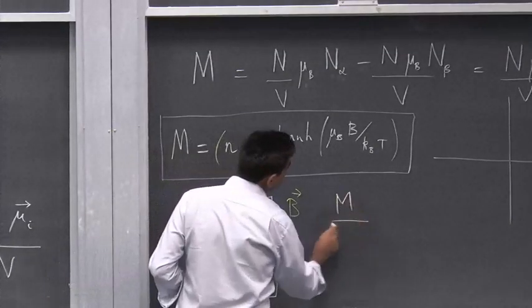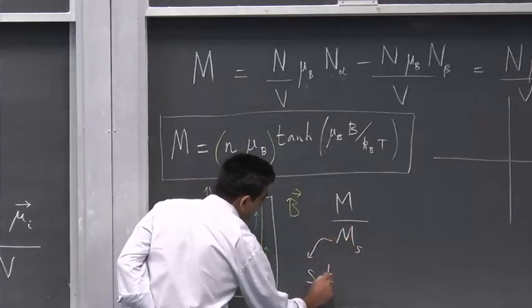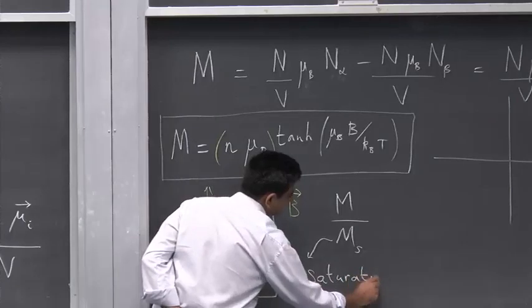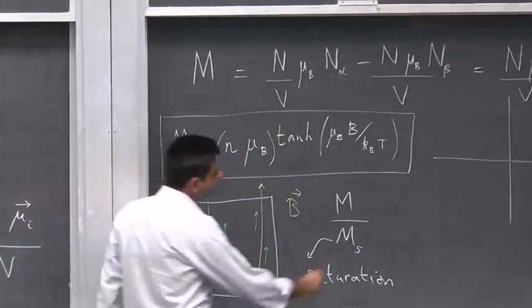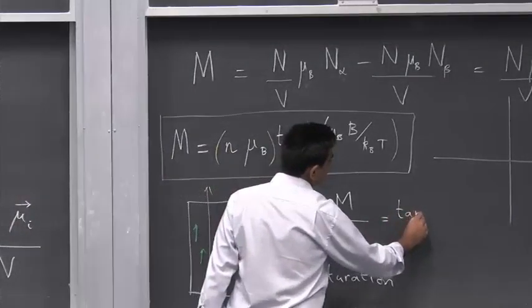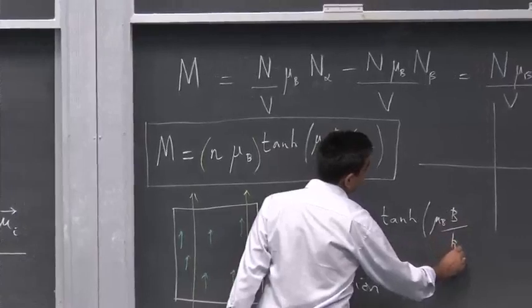So I can put M over Ms, where Ms is the saturation magnetization, or the maximum possible magnetization. This is given by tanh of mu b B over kBT.